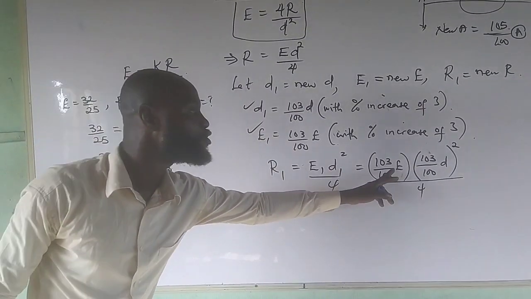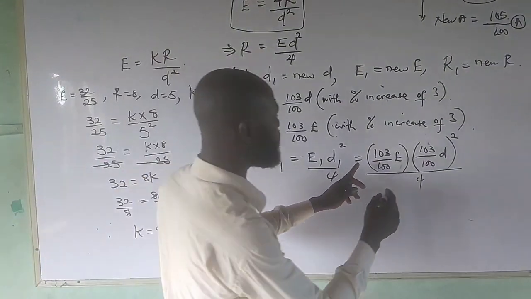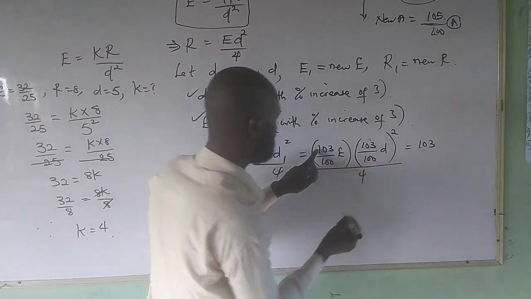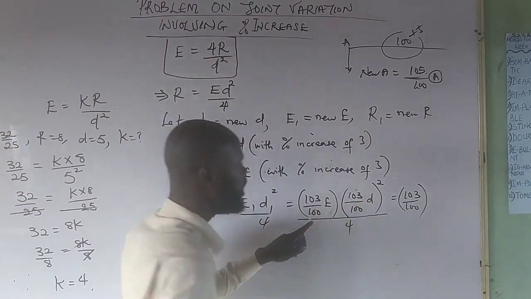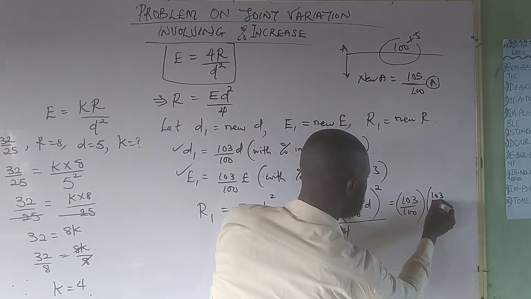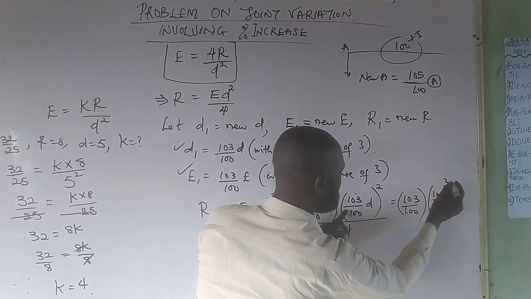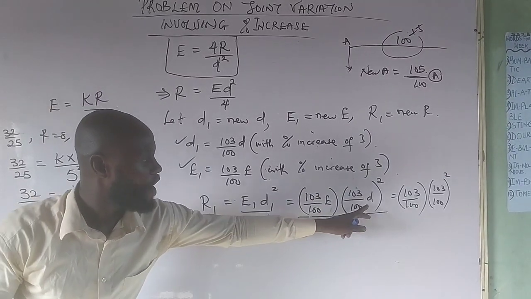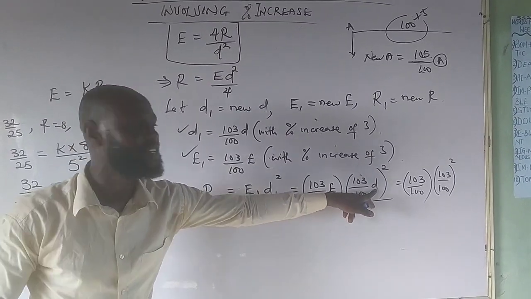So let us try to simplify this expression as much as possible. This can be written as 103 divided by 100, close bracket, open bracket again, 103 divided by 100 squared, because the 103 will be affected by the square, the 100 will also be affected by the square, and this D also will be affected by the square.